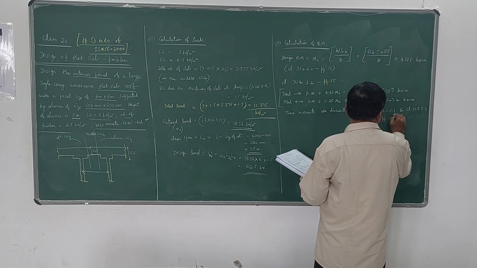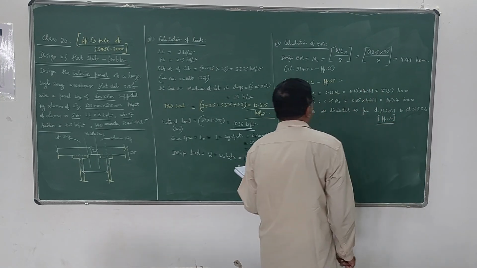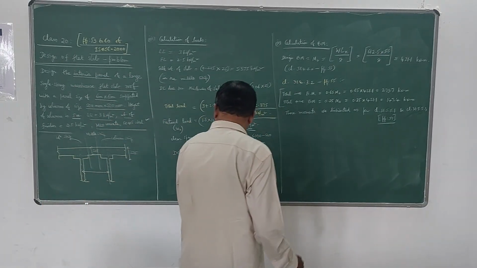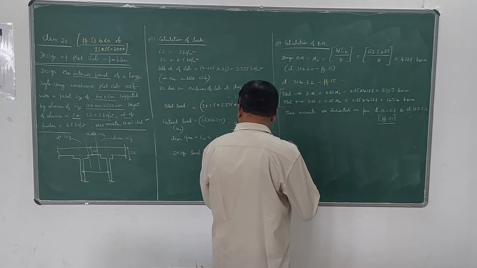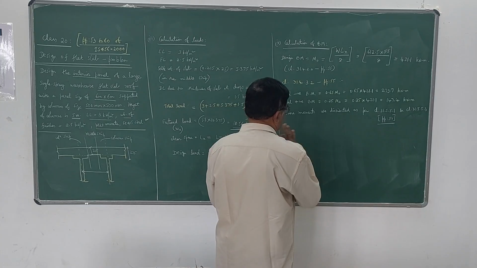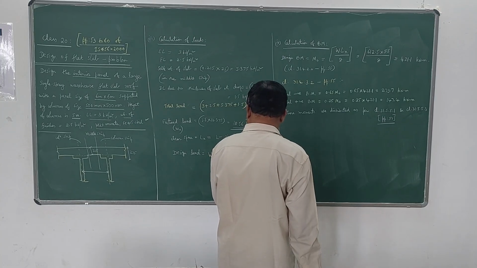That's why these page numbers are very important. As per this clause, these moments are distributed into what we call the column strip and the middle strip.